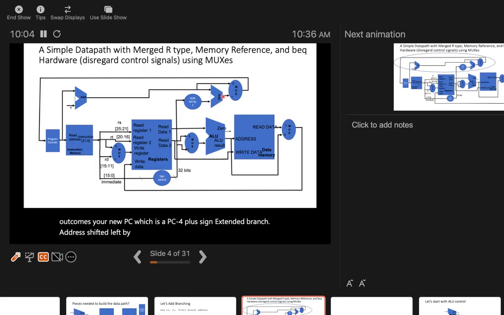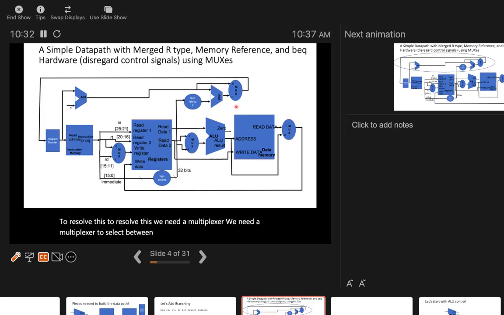Now, branching may not happen all the time, because what if the branch condition fails? And also, what if it is not a branching instruction? To resolve this, we need a multiplexer to select between PC plus 4, so that I can proceed to the next instruction, or the new PC, which is the branch target address that we just computed.